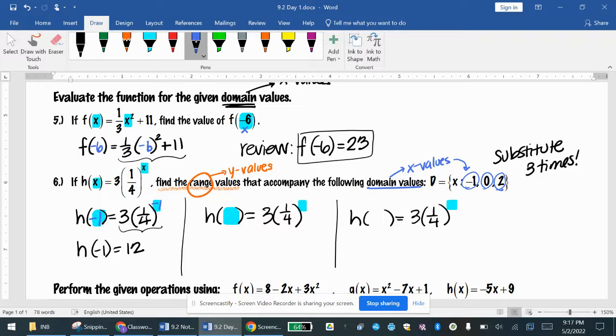Okay. The next one is 0, so we're going to plug in 0. So if you remember the rap song that I taught you, if the exponent is 0, the base turns into 1. So 1/4 a la potencia de 0, that turns to 1, and 3 times 1 is 3. So hopefully you don't need a calculator for that. And then last but not least, we're going to substitute a 2.